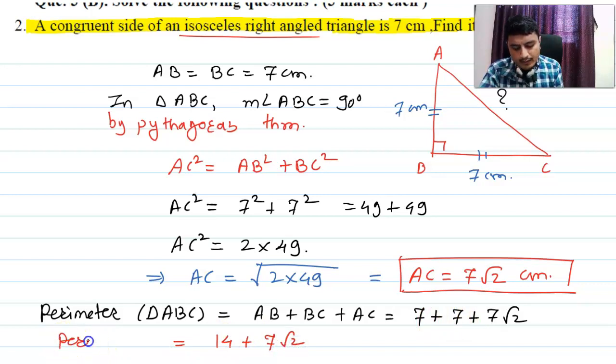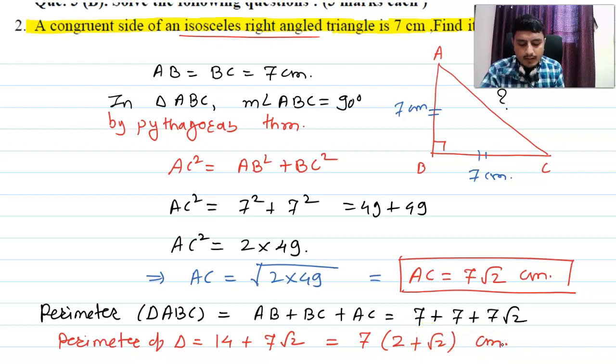So the perimeter of the given triangle is 14 plus 7 times root of 2. We may take 7 common, so 7 times 2 becomes 14, so we get 7 into 2 plus root of 2, that many centimeters is the perimeter of the required triangle.